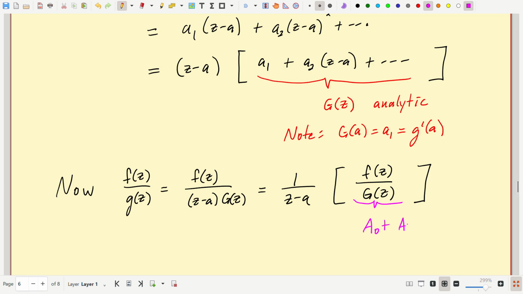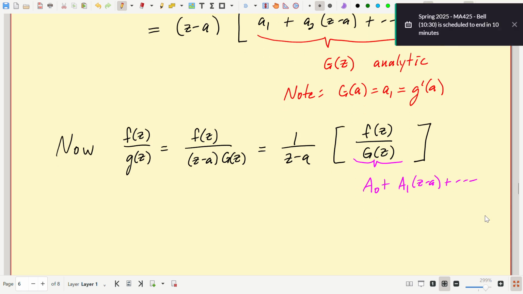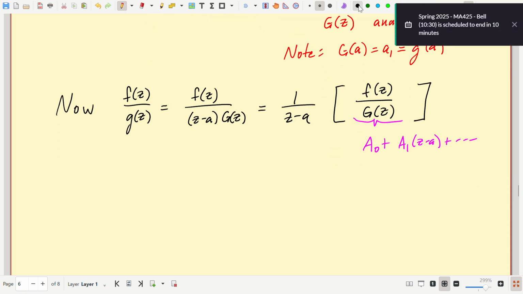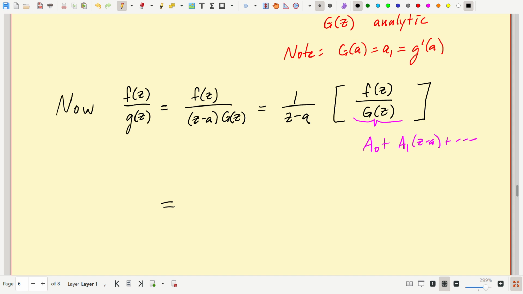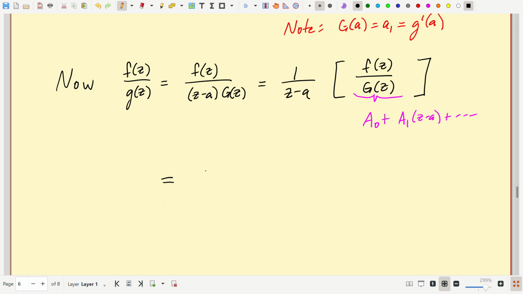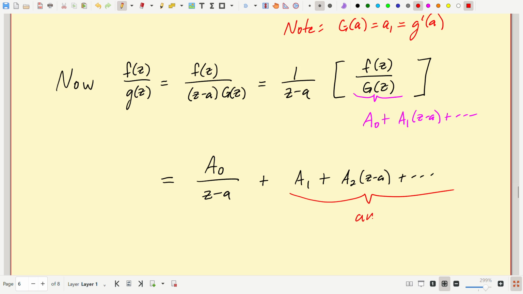A naught plus a1 times z minus a plus etc. And then when I distribute that through, I get the residue term staring me in the face, just like I did in my example, and the rest is a regular power series. So this junk here converges to something analytic near a. And this is the residue term.